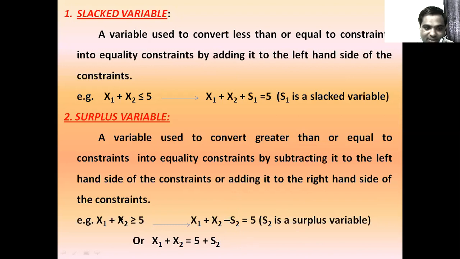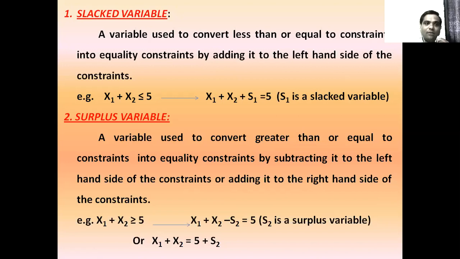So our constraint equation is greater than or equal to: x1 plus x2 greater than or equal to 5. Then we use the surplus variable by subtracting it from the left hand side of the constraint, so x1 plus x2 minus s2 is equal to 5, or x1 plus x2 is equal to 5 plus s2.